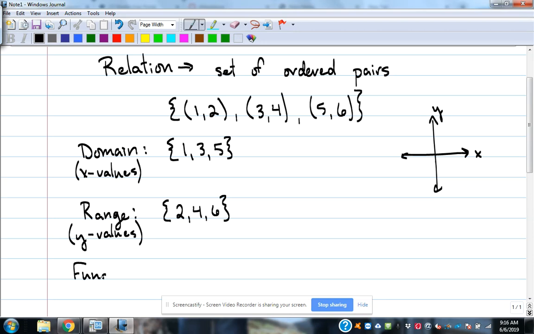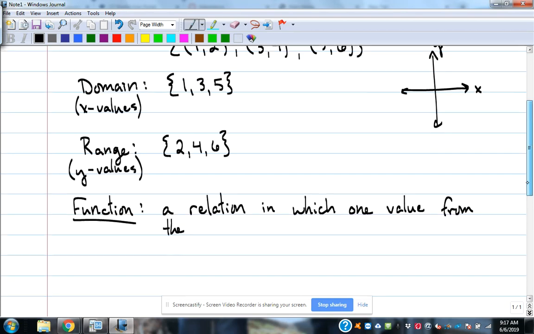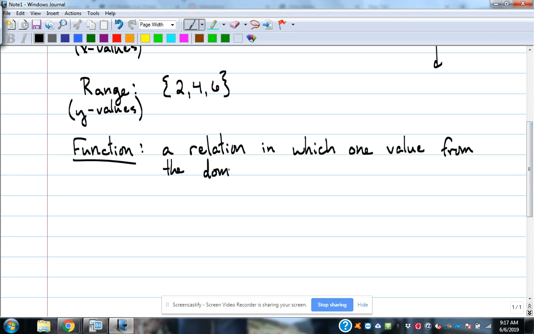A function, which is the title of the lesson, is a relation in which one value from the domain corresponds to one value of the range. My U's and N's look exactly the same; I'm trying to make it better.